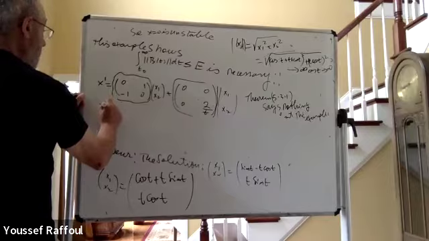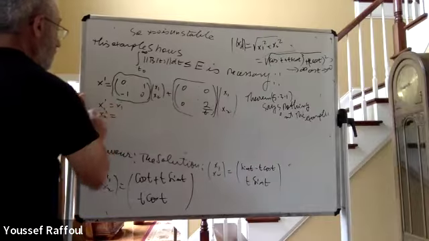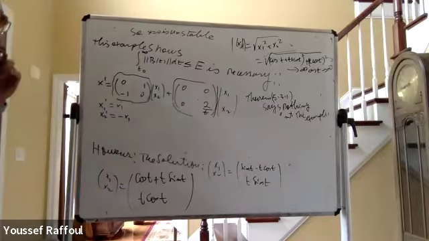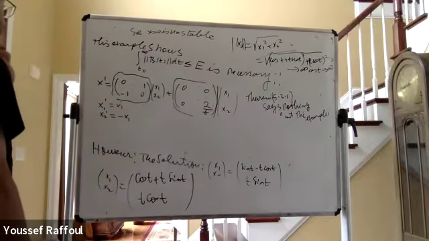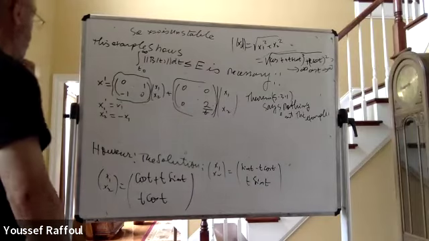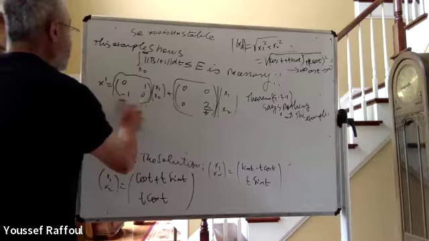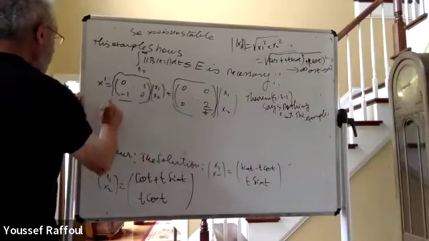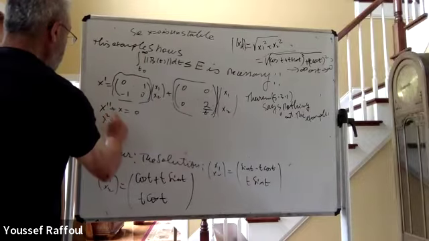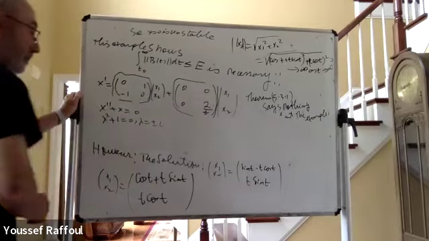Here you have x1 prime equal x2, x2 prime equal to minus x1. So we're solving x double prime plus x equals 0. This has a solution: lambda squared plus 1 equals 0, so lambda equals plus or minus i. Correct?